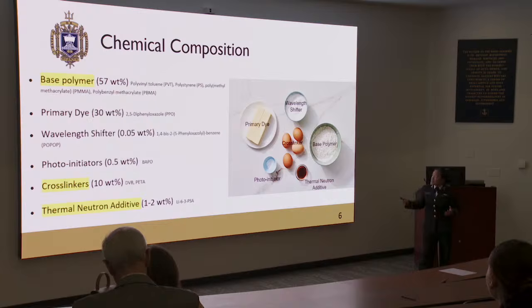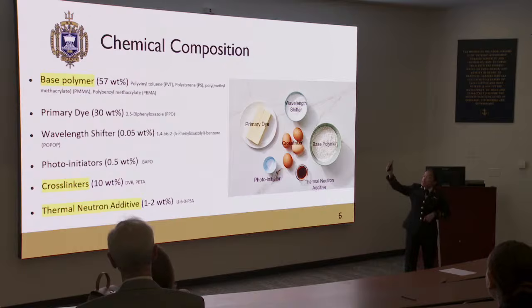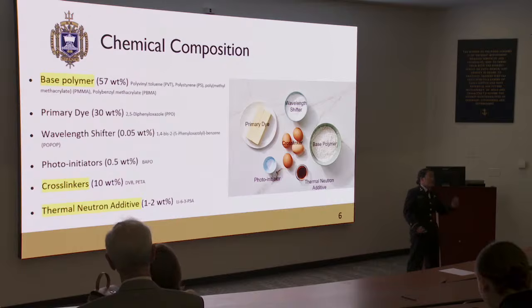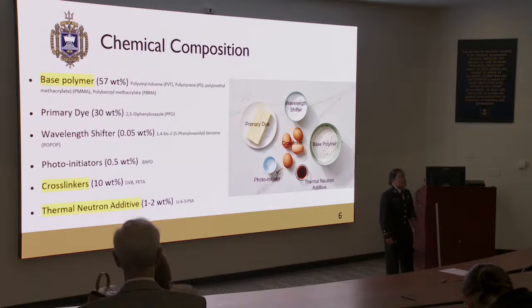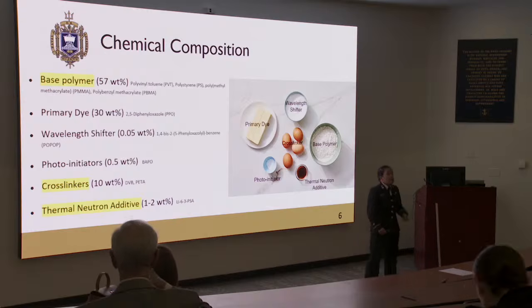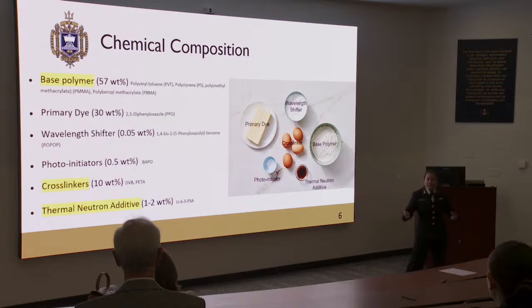The wavelength shifter shifts the wavelength from that primary dye and polymer into a wavelength that can be read by the photomultiplier tube, be read by the computer. That's sugar, again, a flavor enhancer. And then a photoinitiator kickstarts that polymerization. It kickstarts the hardening process. So that's your baking soda. You need the baking soda for your cake to bake.